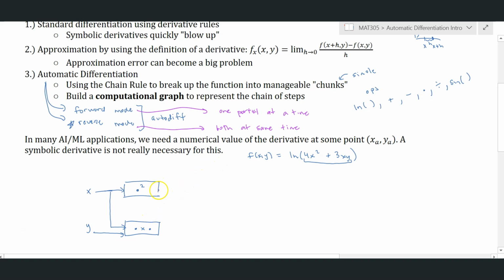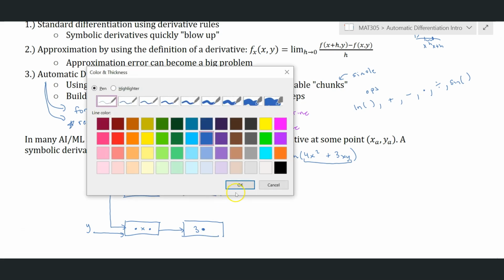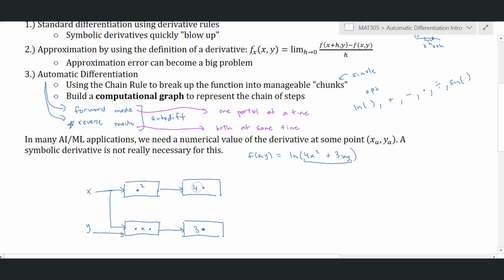The next thing that happens to the square of x is that it will get multiplied by 4 times that value. And down here, the next thing that happens to x times y is it gets multiplied by 3. I'll just omit the multiplication sign here for ease of the notation.